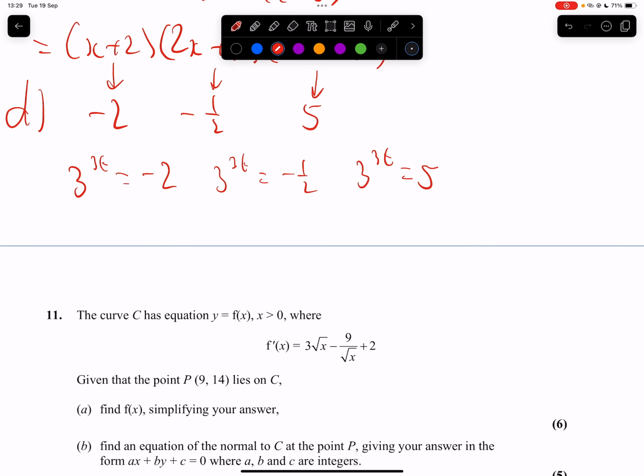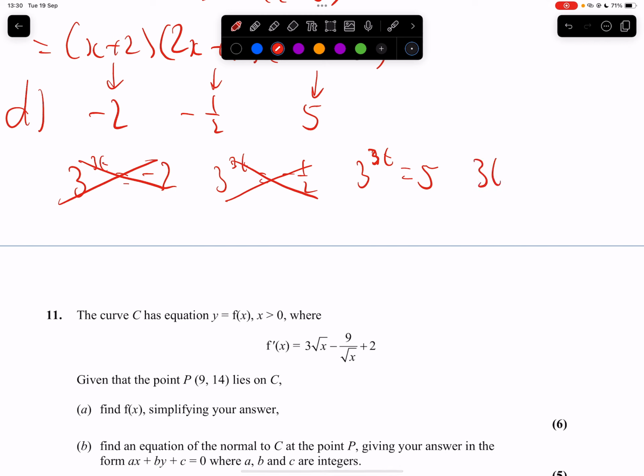A number to a power cannot be negative, so the first two do not have solutions, but we do have a solution for 3 to the 3t equals 5.